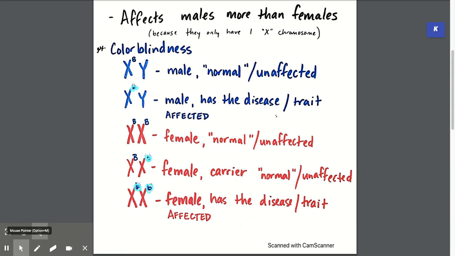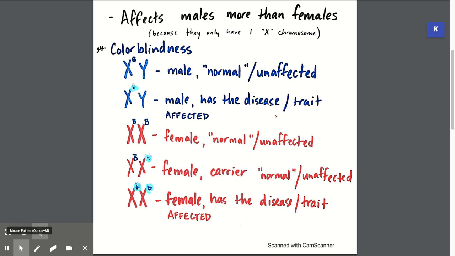So this individual has an X chromosome, but it has a little copy of the gene for color blindness, which is unfortunately the bad copy. This individual inherited the gene for color blindness. So the capital letter represents the good copy of the gene, and the lowercase letter represents the bad copy of the gene.